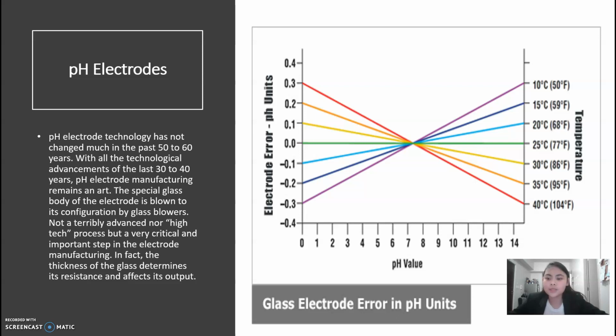Not a terribly advanced nor high-tech process, but a very critical and important step in the electrode manufacturing. In fact, the thickness of the glass determines its resistance and affects its output. The figure given is the glass electrode errors in pH units.